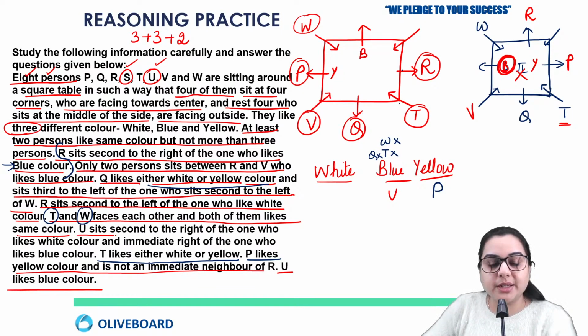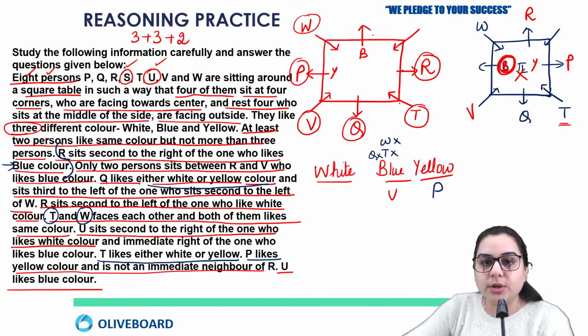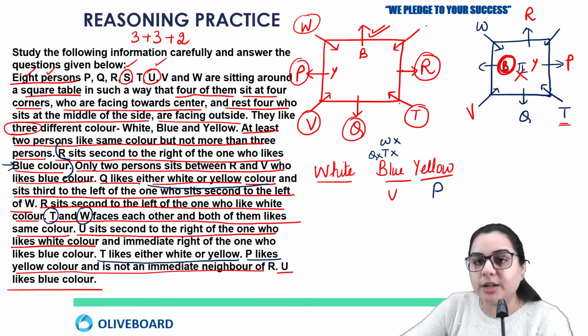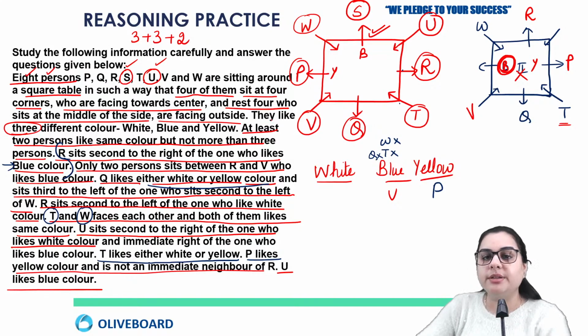So here we have this line that U sits second to the right of the one who likes white color. If I want to write U on this position, then on P it should be white, but on P I find it is yellow. So I'm going to write U here, and then we are left with S, which will be written here.